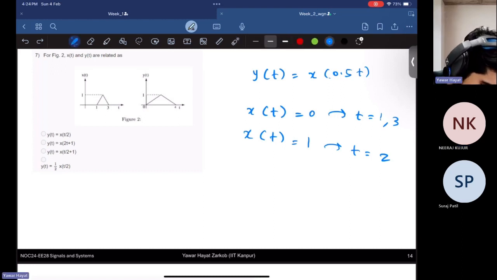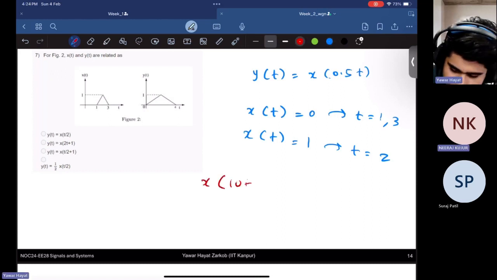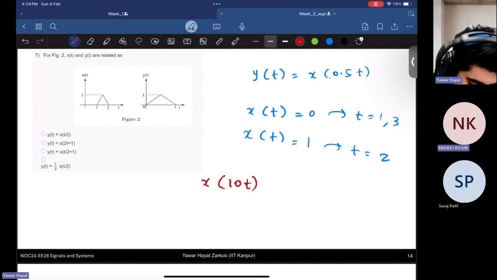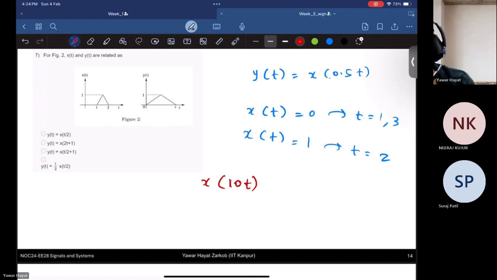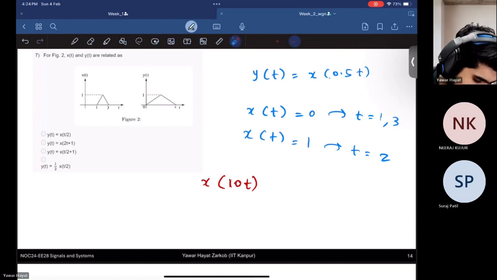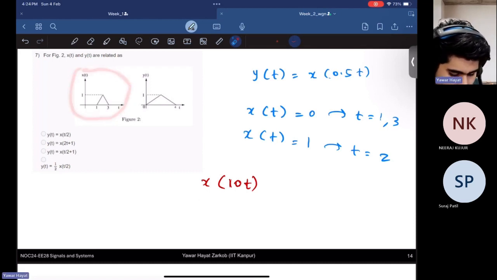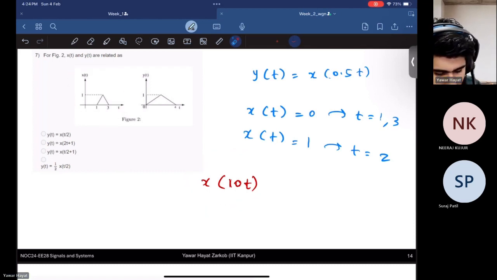See, the thing is, suppose I use x of 10t. Why is this not working? x of 10t, for example. Fine. What is x of 10t? If this is x of t, what is x of 10t? x of 20.